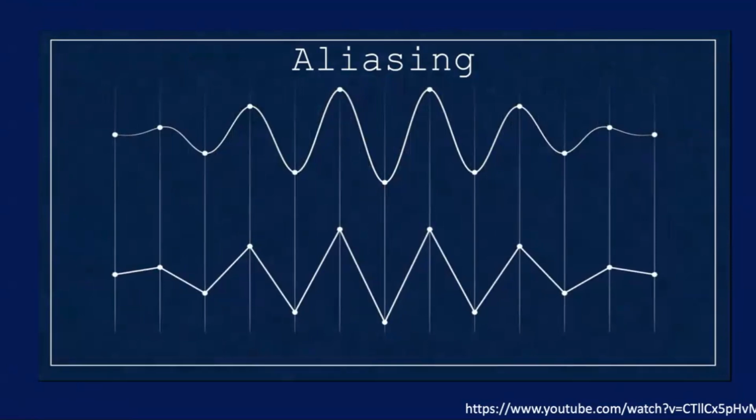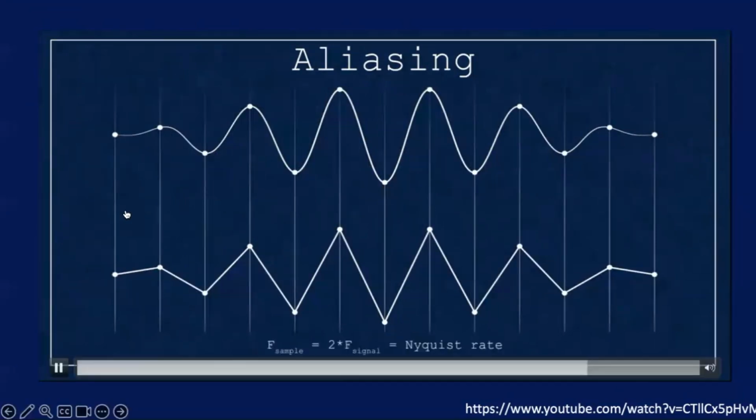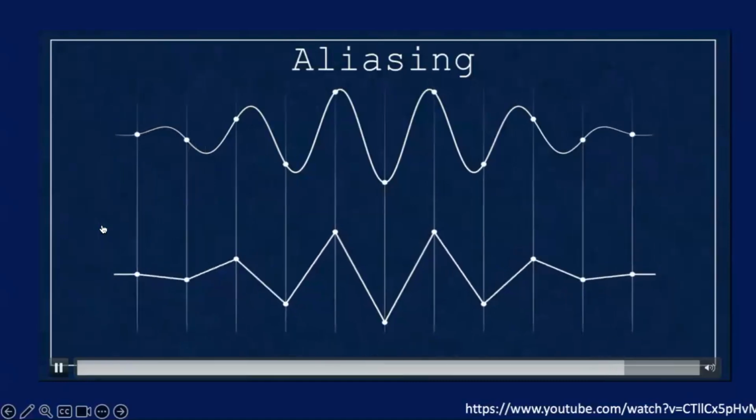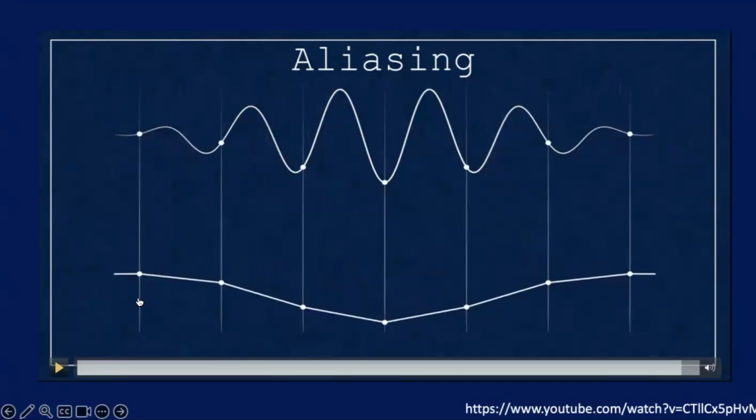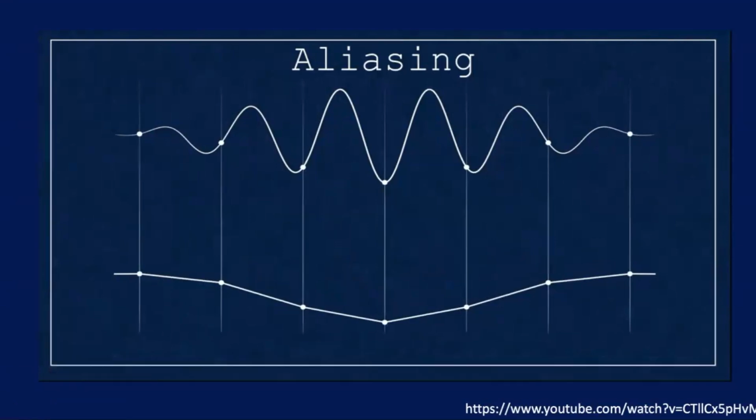When the sampling goes less and less, what will happen? You will start to lose the truth. You don't know which wave is which; in this wave it looks like it's still steady, however it's really going down. And this one looks like it's going down, while in truth it's going up. So the lower the sampling rate, the more false information you get, and this is the aliasing. This is what will happen.